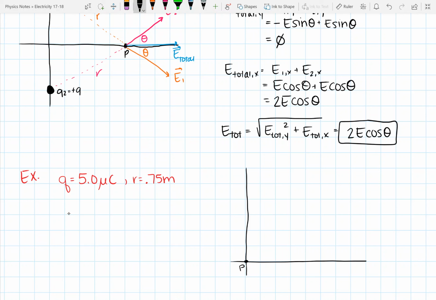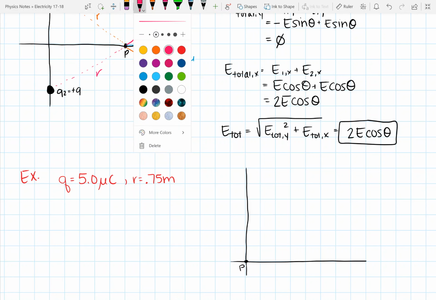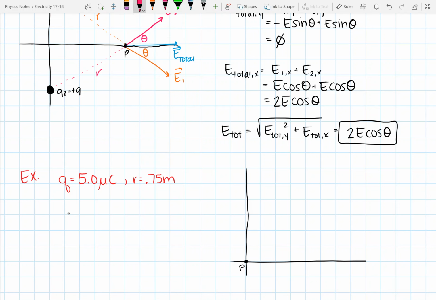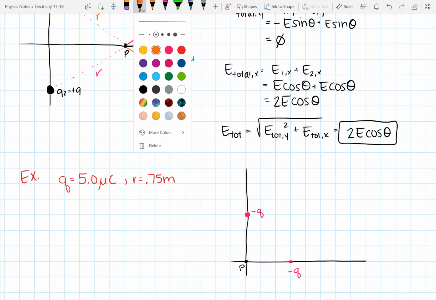I have a charge up here, which is going to be negative Q, and I have a charge over here, which is also going to be negative Q. I know that I'm going to have some EX and some EY here.